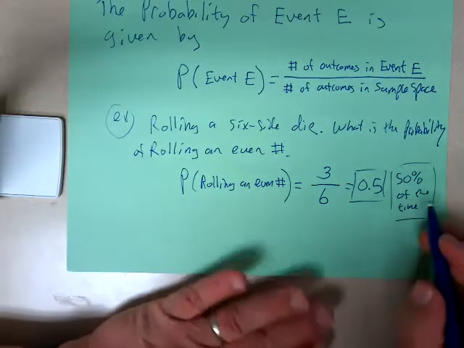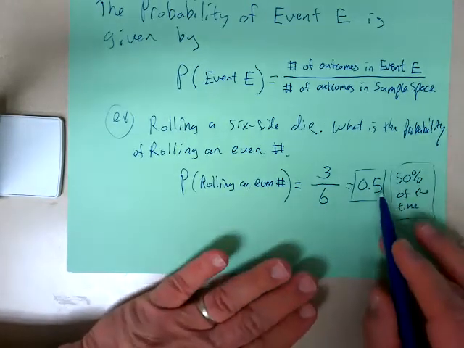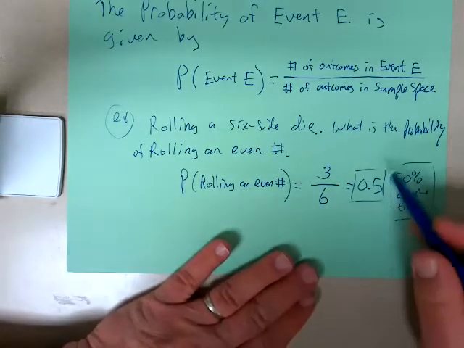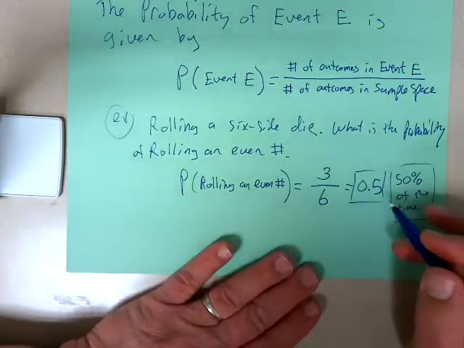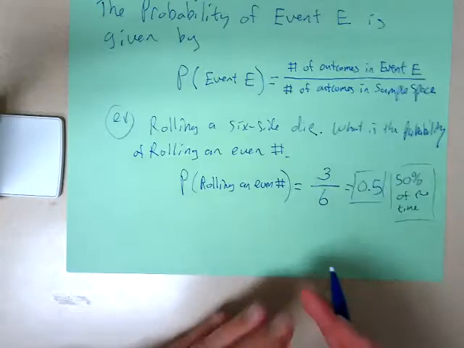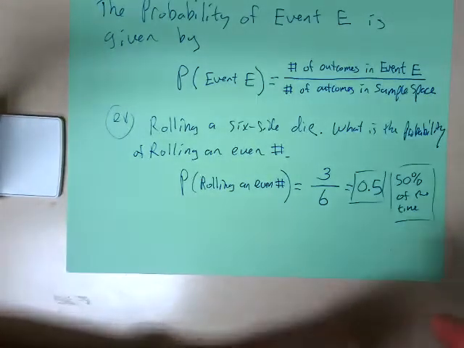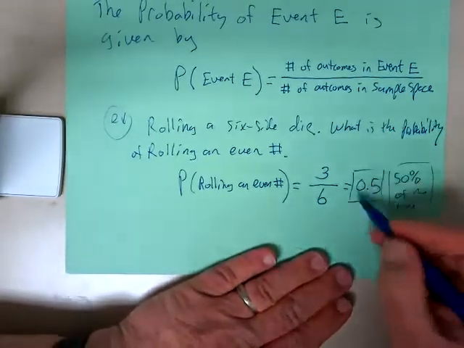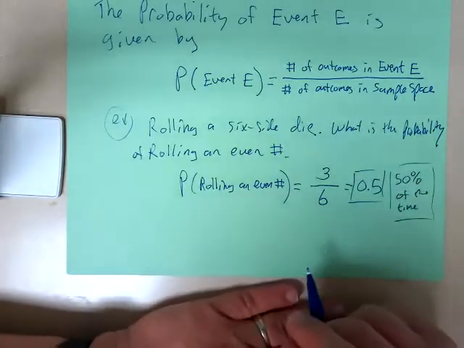Okay? So now it doesn't matter if it's a percent or a decimal or a fraction, they all mean the same thing. But oftentimes we think of the probability as being kind of this decimal number, as opposed to the percent, because there's going to be other formulas where you actually put in the probabilities of other things in order to find new probabilities. And what you put in those formulas are decimal numbers.